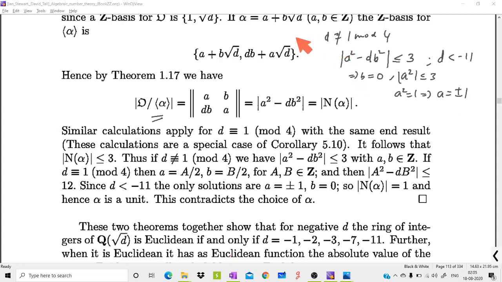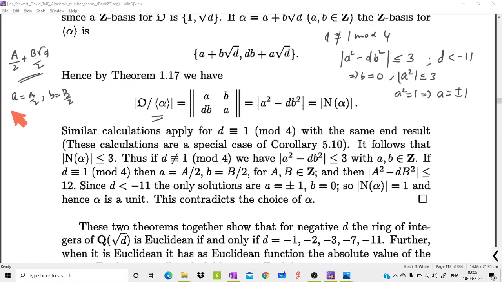In case when D is congruent to 1 mod 4, you can write this element as capital A by 2 plus capital B root D by 2. We already discussed this expression before, where this small a is equal to capital A by 2, and small b is equal to capital B by 2.